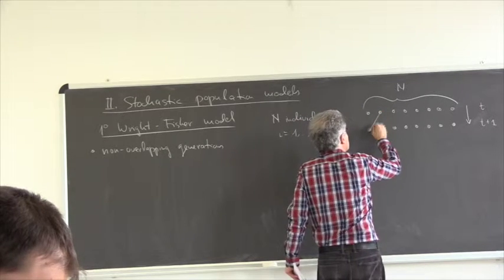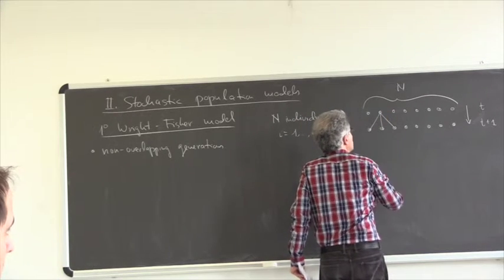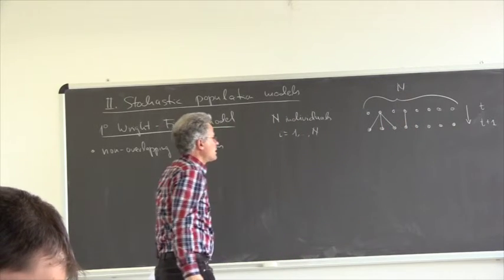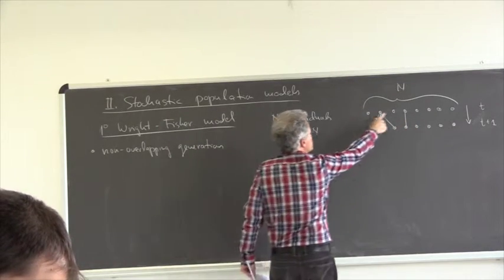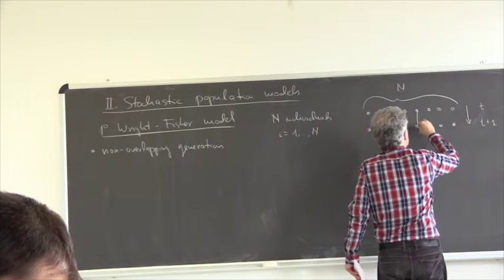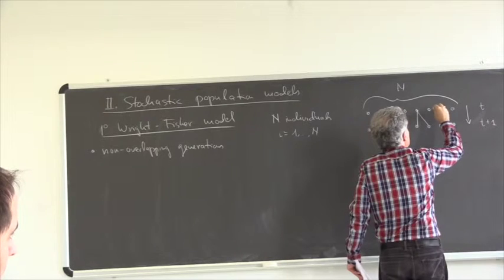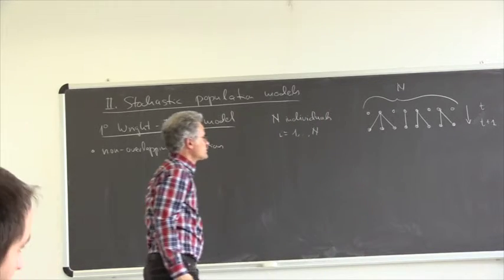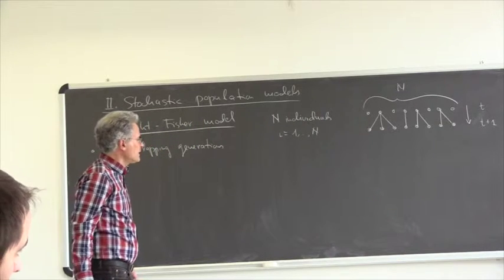Each of these guys leaves a certain number of offspring. For example, this individual perhaps leaves 3 offspring. These individuals leave no offspring, and so on. This guy perhaps leaves 2 offspring, and this one maybe also 2. So this would be a possible scenario.